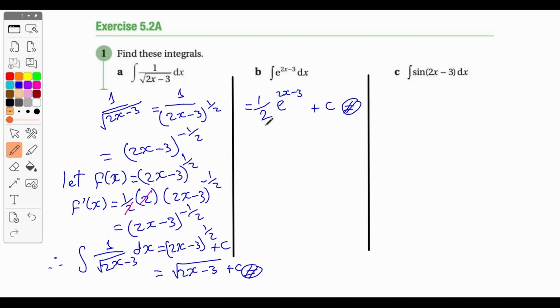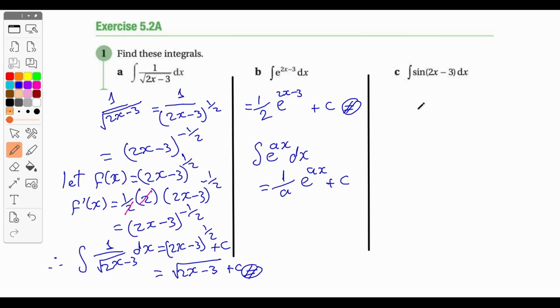Just in one step, you can solve this one using which identity? The integral of e to the ax dx. Using this identity, the answer is 1 over a e to the ax plus c. Here a is 2, so half e to the 2x minus 3, then plus c.